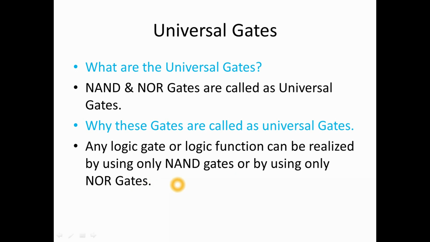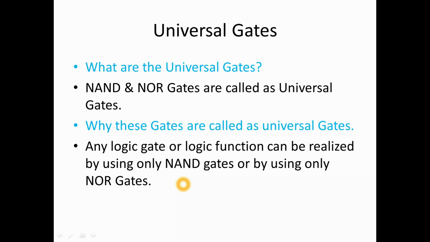What is the necessity to use only NAND gates or only NOR gates? The reason is, in ICs there is always only one type of gate available. If it is the AND gate, that IC consists of all AND gates.